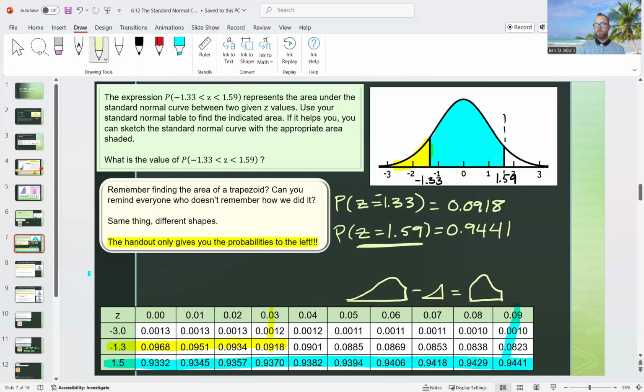Okay, which was which? Well, this z-score shows us the bigger area from here all the way over there. That's the bigger shape, right? So of course, we're subtracting the smaller area from the bigger area. So to find the answer to our question, you're going to take the bigger area and subtract the smaller area.